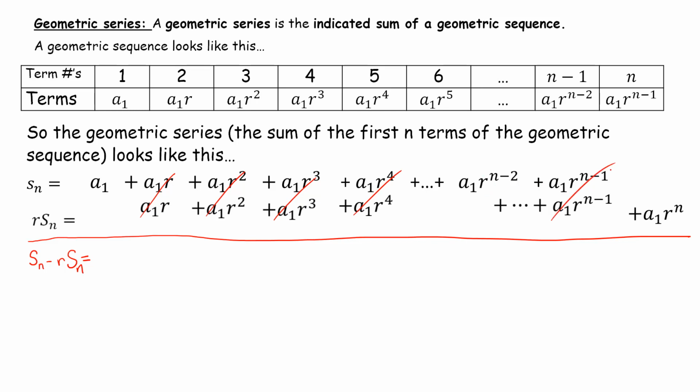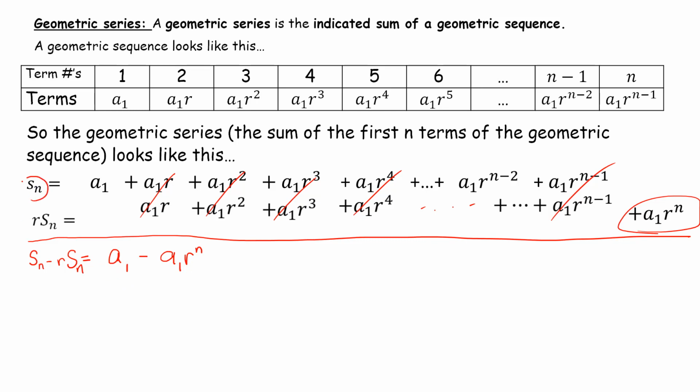So in the dot, dot, dot, we have this a sub 1 r to the n minus 2. So all those things disappear, and all we're left with is a sub 1 minus a sub 1 r to the n, because that's what's left over here on the end. So now I have my formula for s sub n.